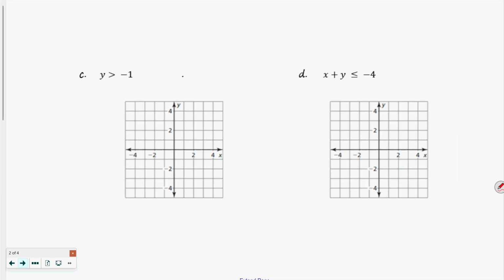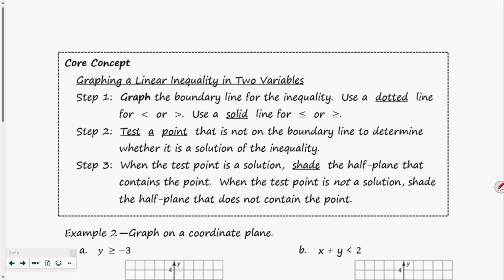We're going to go ahead here and graph a couple of equations, just some basic things to remind ourselves as we get started. When we graph the boundary line for the inequality, we want to use a dotted line if we have a less than or greater than symbol, and we use a solid line if we have less than or equal to or greater than or equal to.